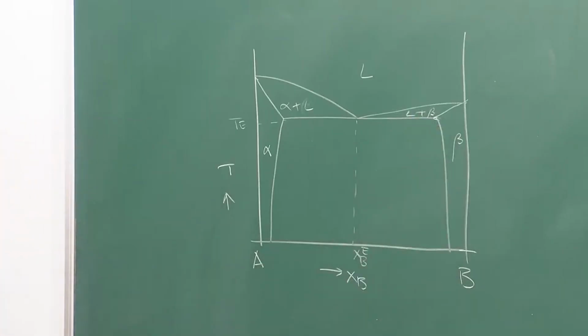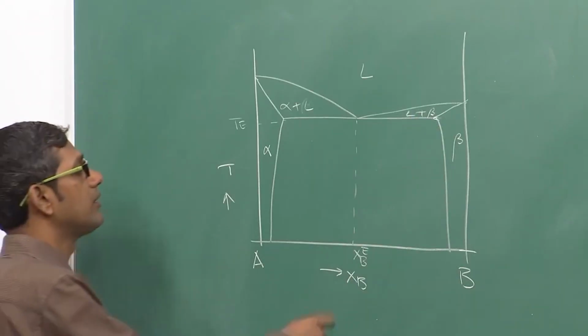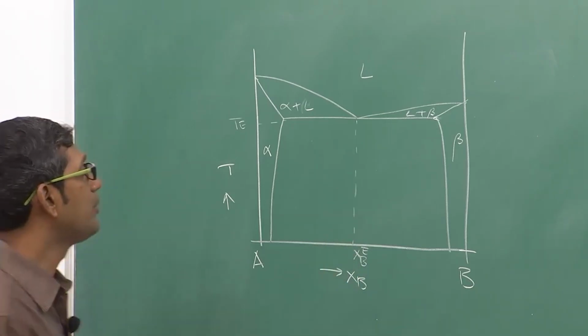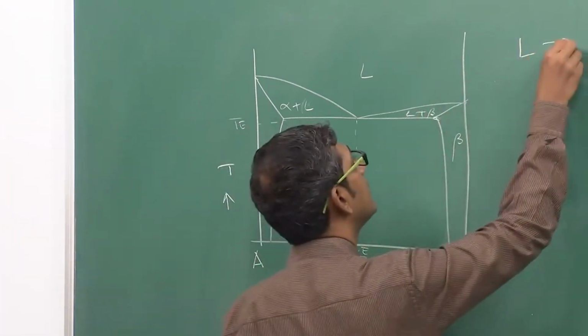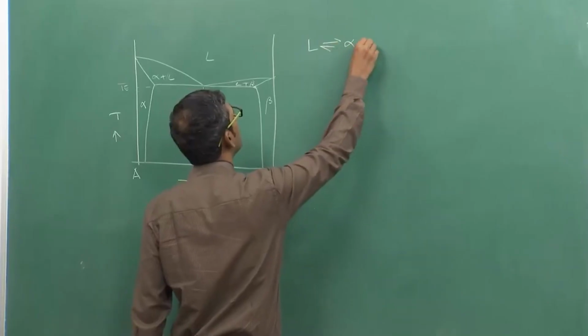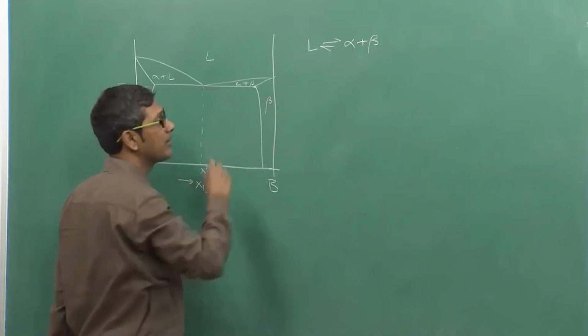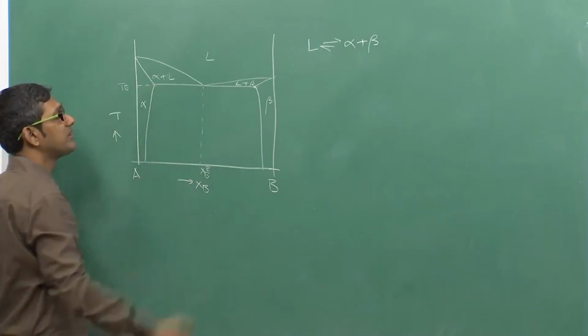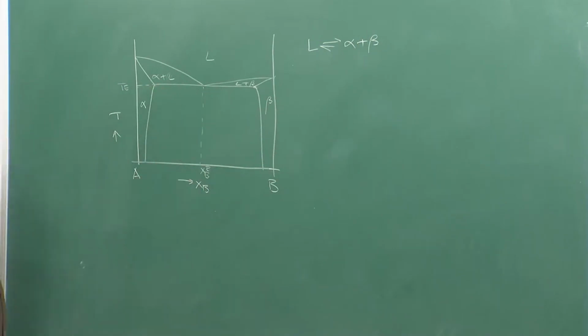Now, we are going to discuss solidification of the alloy whose composition is exactly XBE. As you know, the liquid transforms to two phases, alpha and beta, simultaneously once it is cooled down to a temperature below TE. So what actually happens?